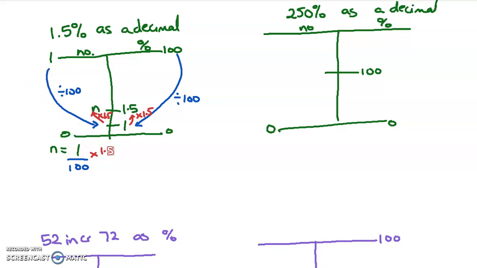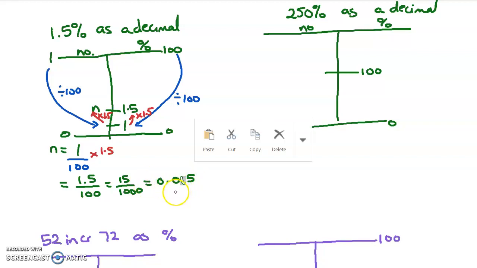So I now have 1.5 on 100, which is the same as 15 thousandths, which is 0.015. That is 15 thousandths. So 1.5% is equal to 15 thousandths. Let's have a look over here.